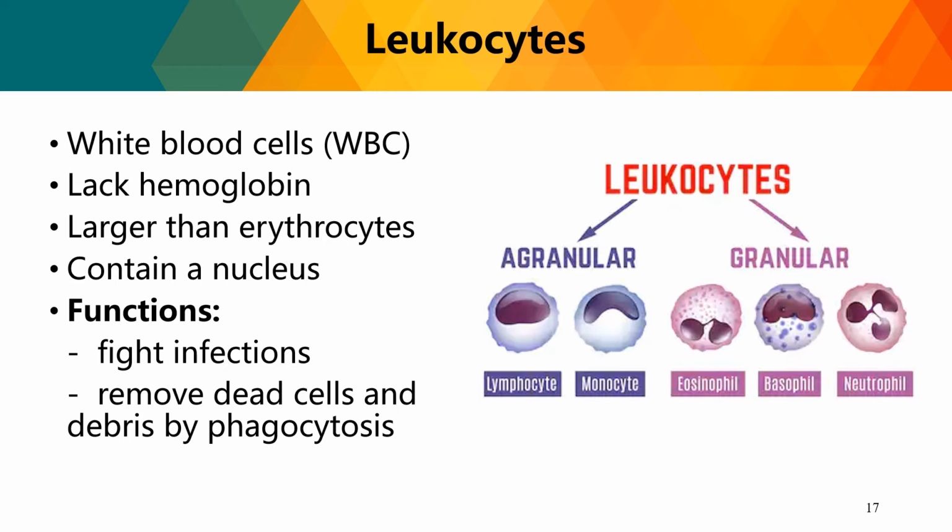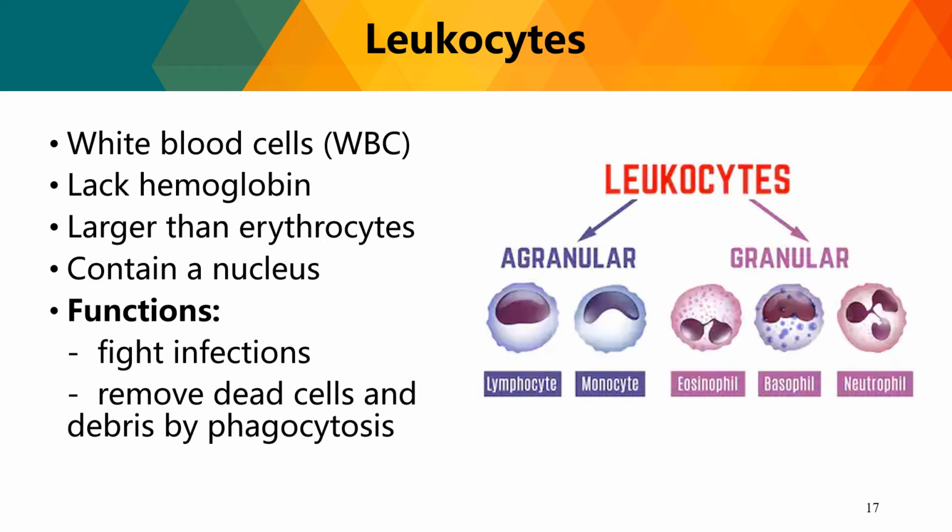So as you see here, we have actually two types of leukocytes. We have the agranular, so based on their features, they don't really have granules within their cytoplasm. So all you see there is that they have what you call the nucleus, and then you have the cytoplasm, and of course the cell membrane. So as you see here also with the granular leukocytes, the shape of their nucleus are different from each other.